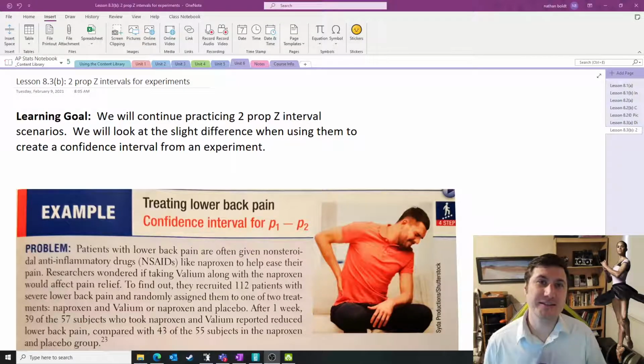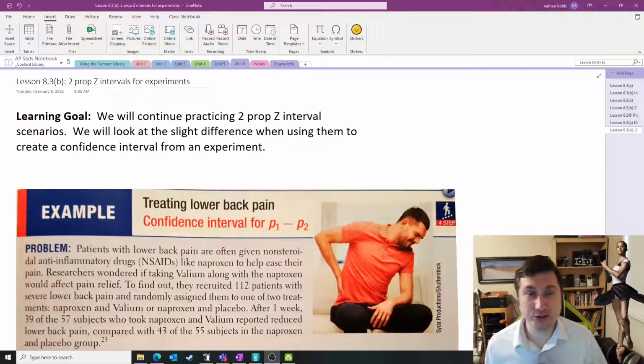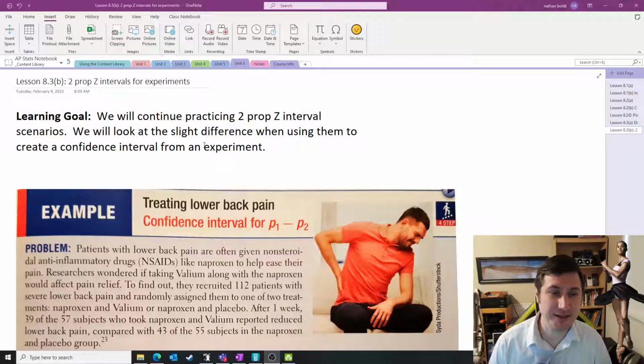Hello AP Statistics students. In this video, we're going to continue looking at two-sample, two-proportion z-interval scenarios, with a slight twist, though. They are just a tiny bit different when you're using them to look at the results of an experiment. And so we're going to look at some of those slight differences.